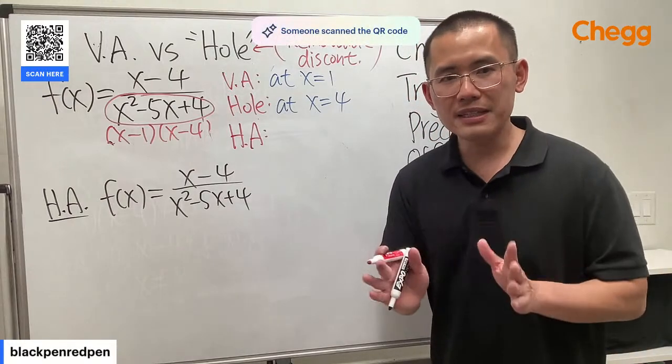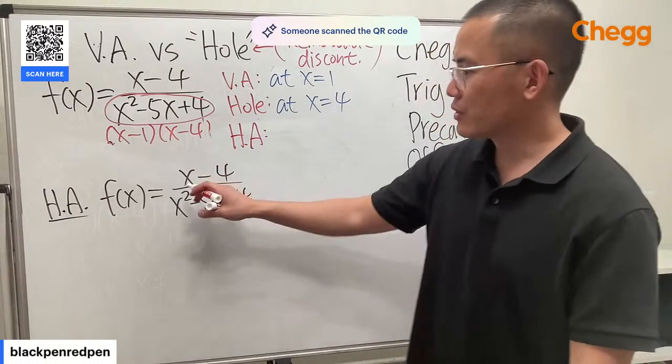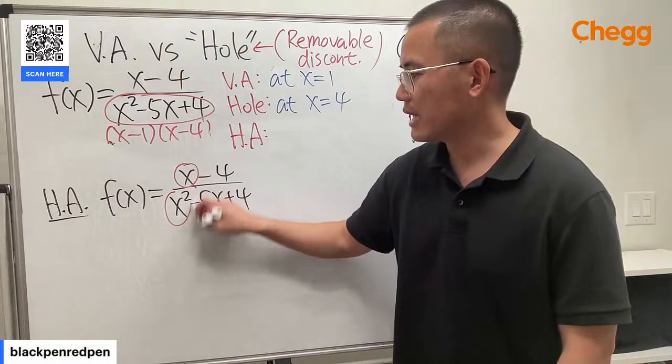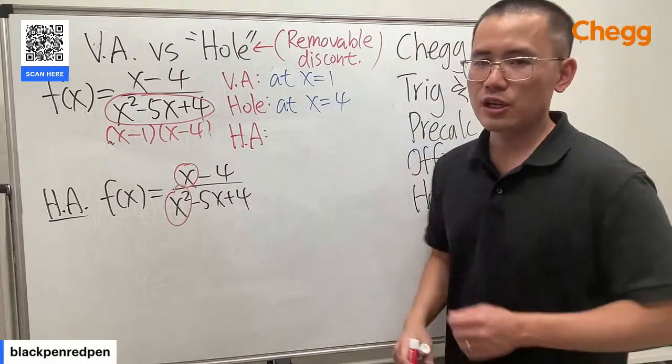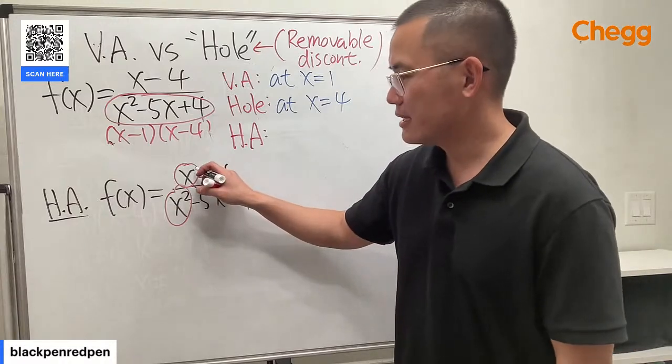Pay attention to the highest power of x on the top and the highest power of x on the bottom. So the top is just this, and the bottom is just that. For the horizontal asymptote, you don't even have to reduce it. You see that the top has less degree.